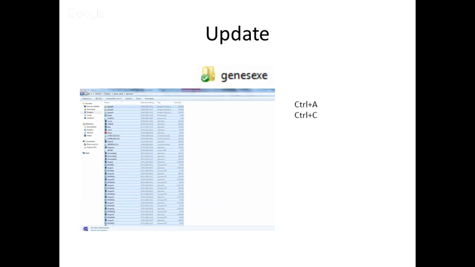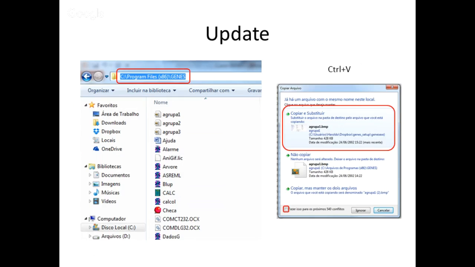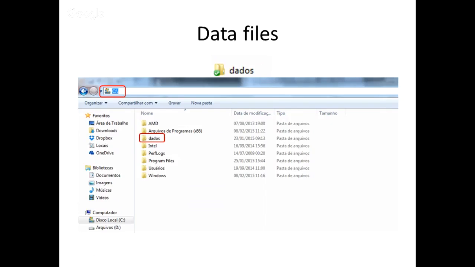Very easy. Just copy and paste and make some substitutions. Overwrite the older files, okay? And I show it here. When you do this update, when you press Ctrl V in the older version of Genius inside the folder, the computer will ask you to overwrite, and you just overwrite the old files and you'll be fine. You'll get the new version of Genius.